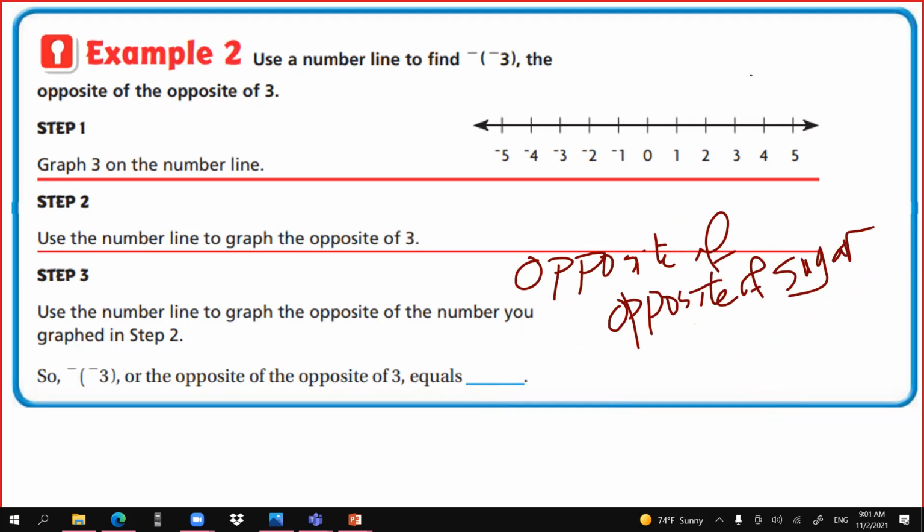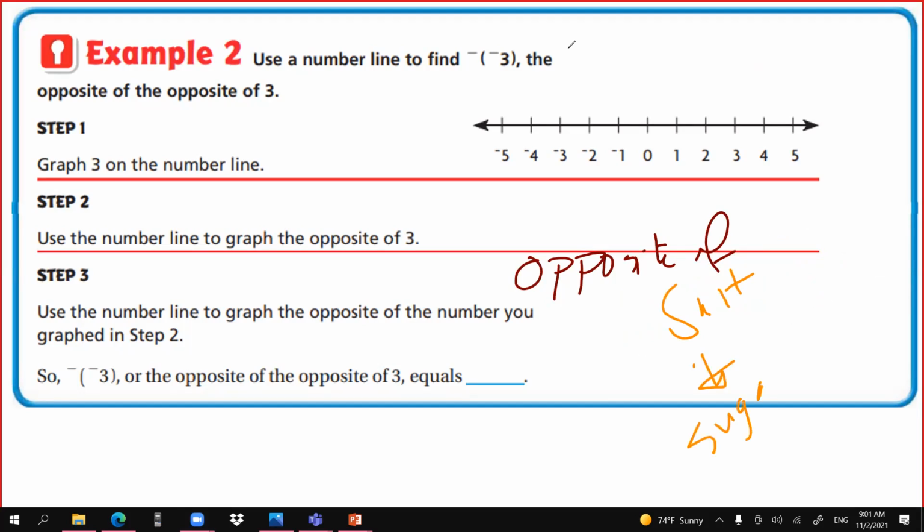First, you look at the opposite of sugar. What is it? Salt. I will clear it and write here salt. Then what is the opposite of salt? Sugar. So the opposite of the opposite of sugar is sugar.